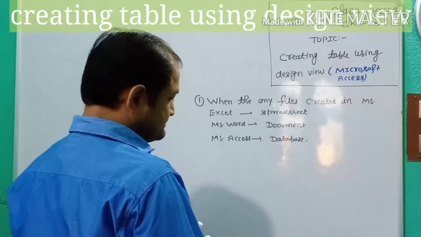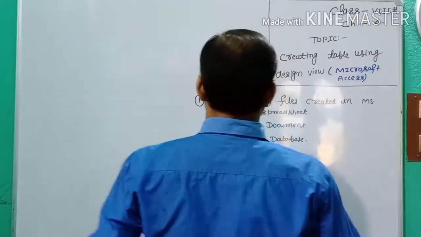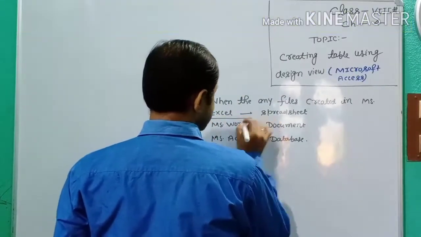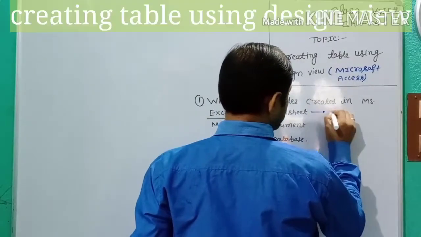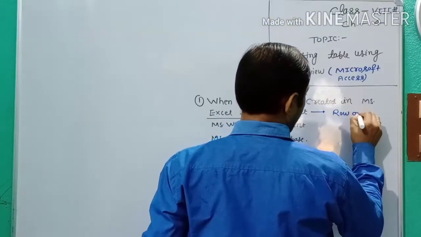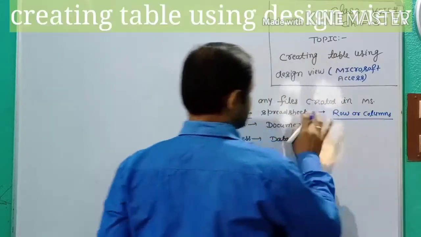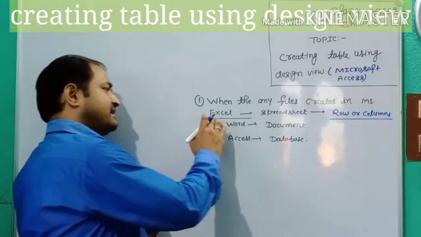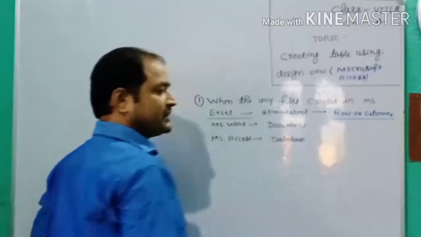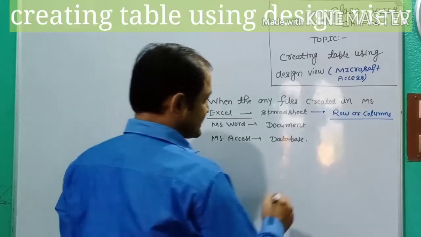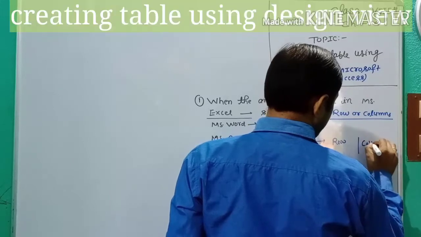My dear student, first of all, in MS Excel, a spreadsheet, you work with rows and columns. Everybody knows that. But Microsoft Access is not interrelated to rows and columns in the same way.